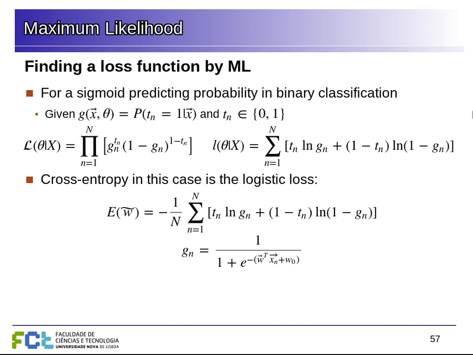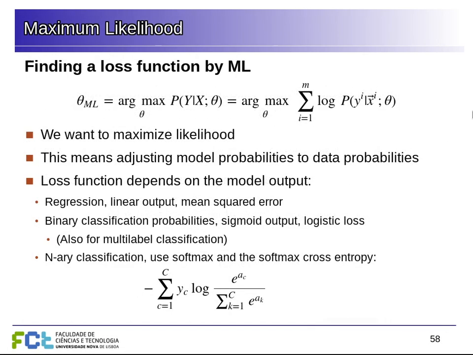So the same approach of trying to select the parameters so that the probability distribution the model tells us is as close as possible to how the data is distributed will now give us a different loss function because we have a different output of the network and a different interpretation of what that means as a probability model. If we go for multi-class classification, then we use the softmax cross entropy.